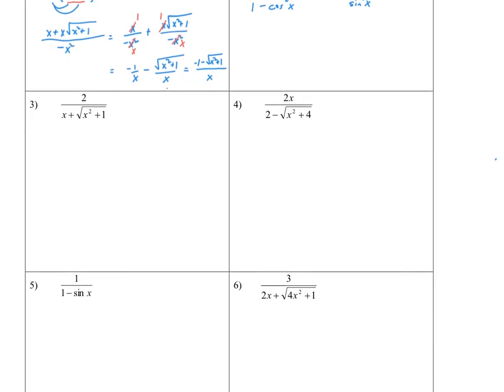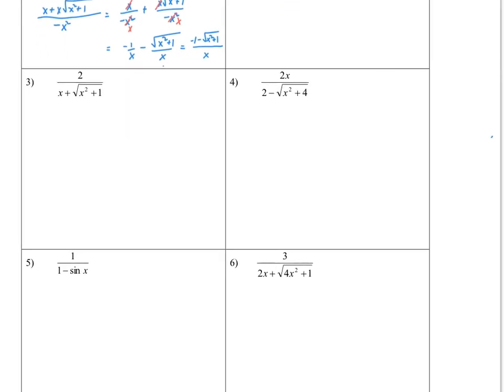For number 3, we're going to rationalize 2 divided by x plus the square root of x squared plus 1. And in order to do that, we got to multiply the numerator and the denominator by the conjugate, which is x minus the square root of x squared plus 1. To multiply the denominator, we can use the first-last technique.